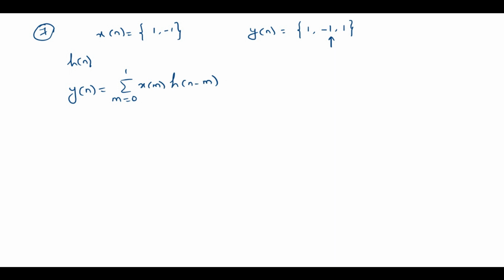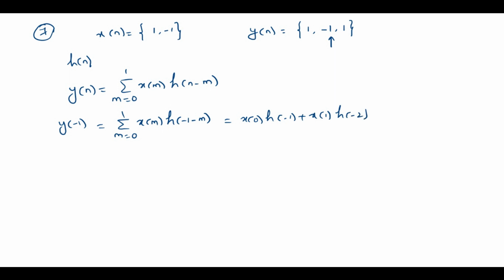I am finding y of minus 1, because I know the value, which is the summation m from 0 to 1 of x of m h of minus 1 minus m. When you expand this, what will you get? x of 0 h of minus 1 plus x of 1 h of minus 2.